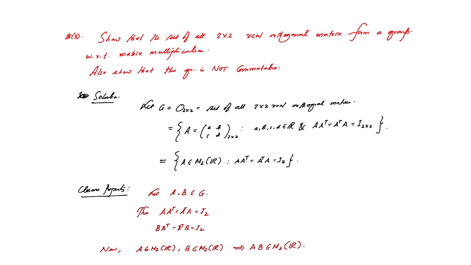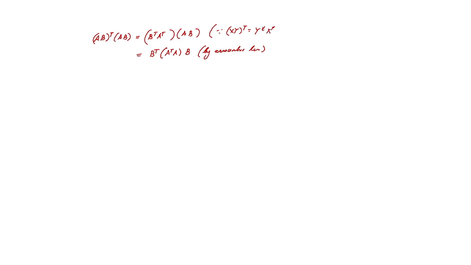Now we calculate whether AB is orthogonal or not. So what we will do, AB transpose AB. According to the transpose formula, that will be B transpose A transpose AB. With the help of the associative law, we can write B transpose, A transpose A, B. This is by the associative law, and this is by XY whole transpose, that will be Y transpose X transpose.